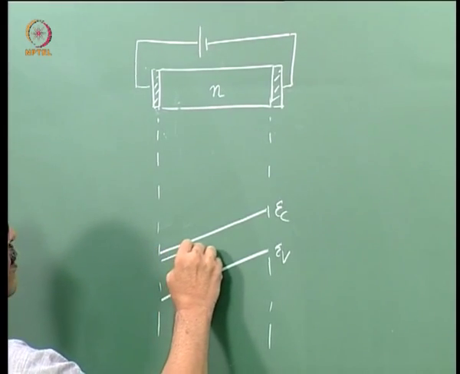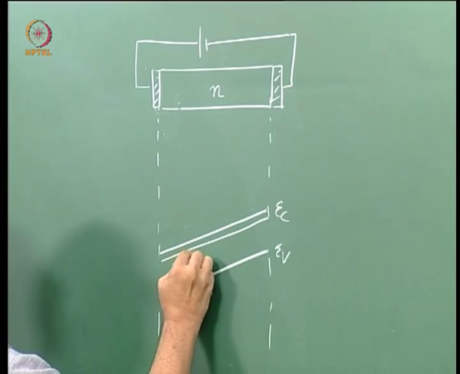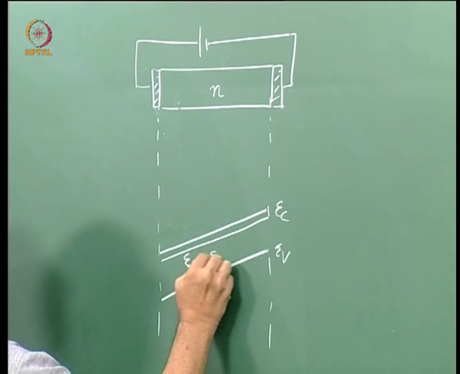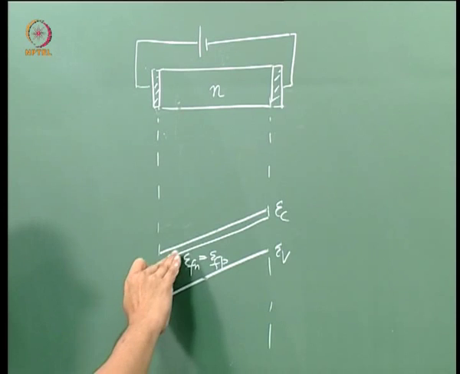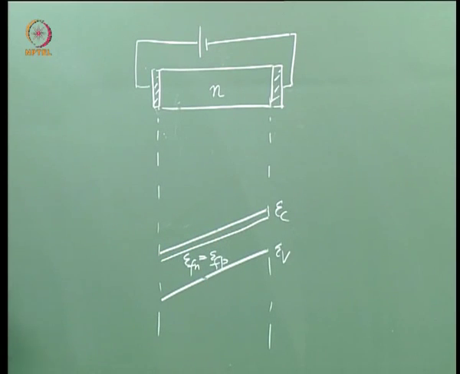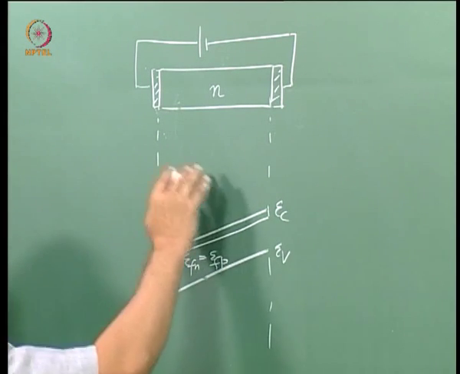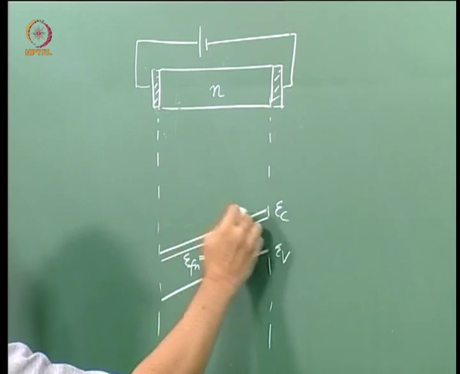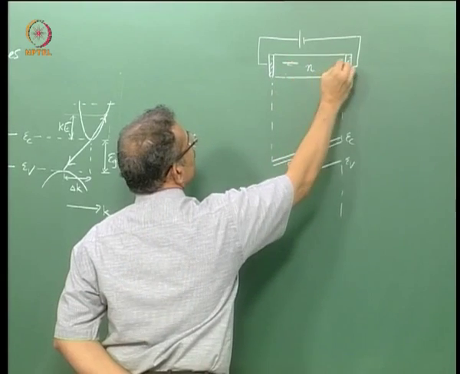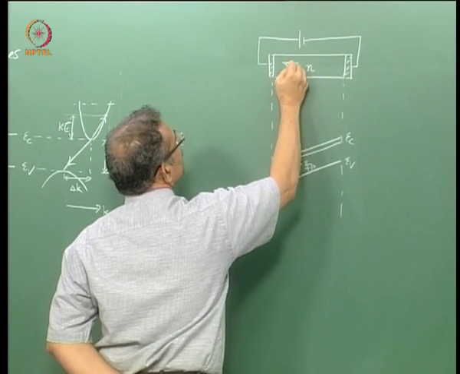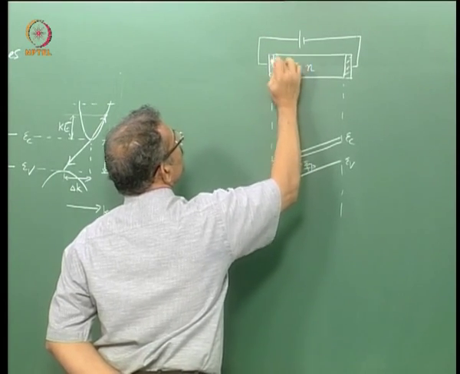This would be the so called quasi Fermi levels, EFN equal to EFP, because this is n type, this is close to EC. But right now this Fermi level is really not important for us. So if I want to show now the motion of an electron that is drifting from the negative contact to the positive contact, so this is the direction of motion of the electron.